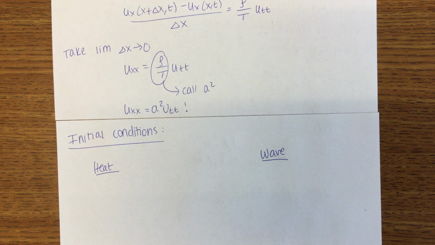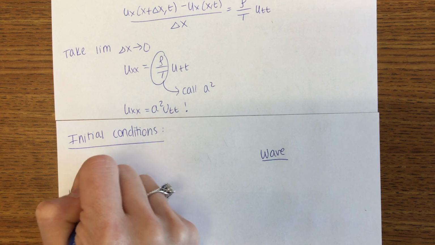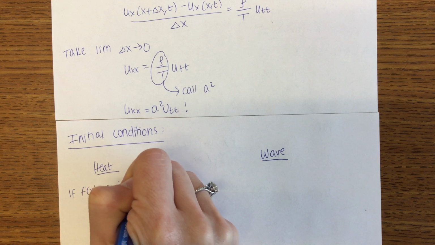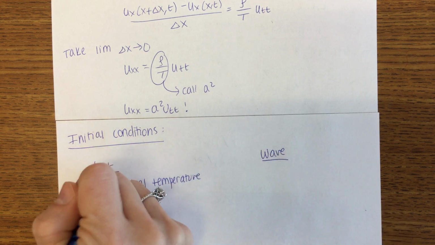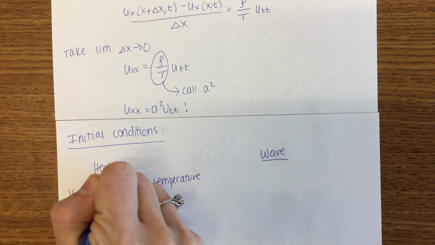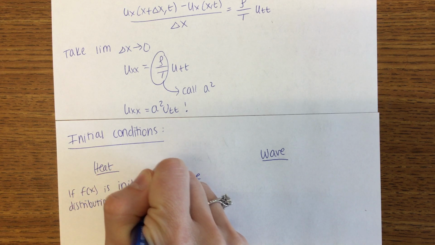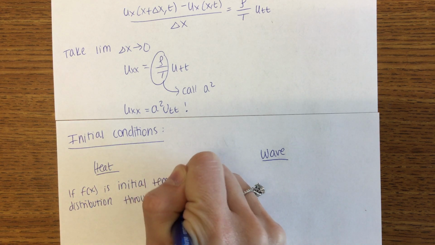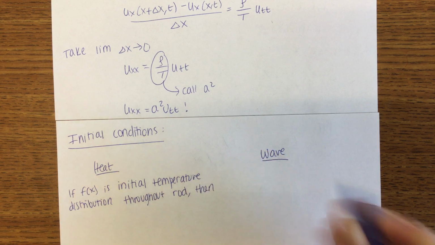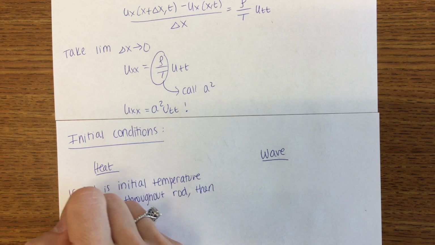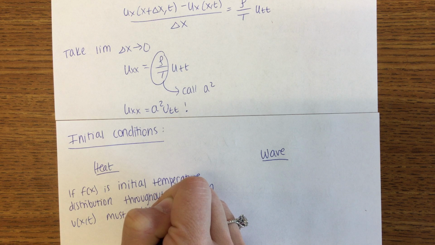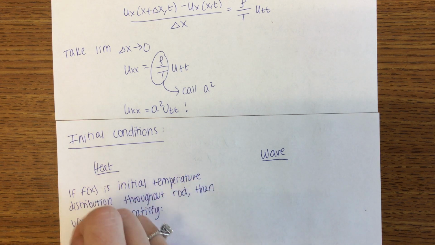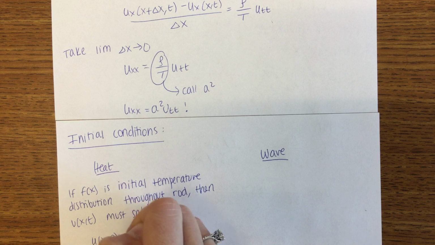For the heat equation, you are going to need the initial temperature throughout the rod. So if f of x is the initial temperature distribution throughout the rod, then u of x,t must satisfy u of x,0 equals f of x.